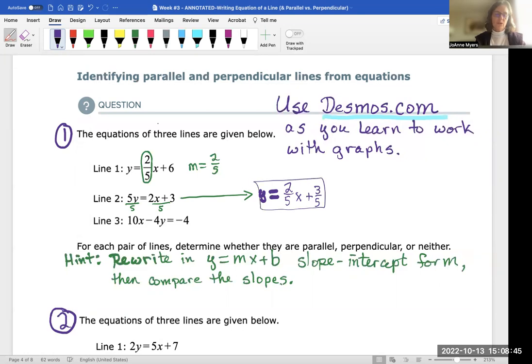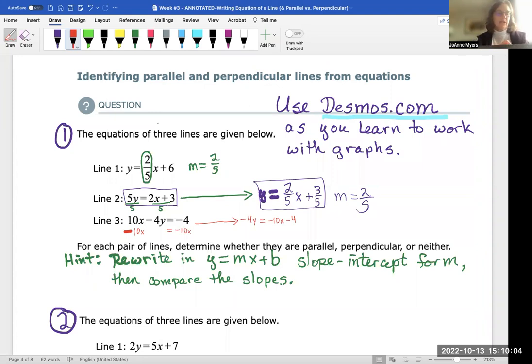This equation is the same as this equation, and my slope is 2/5. All right, so line number 2, the slope is also 2/5.